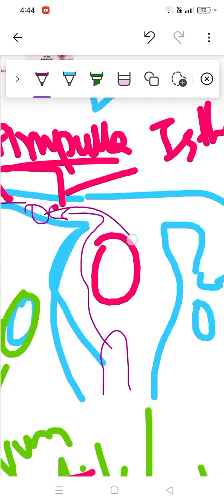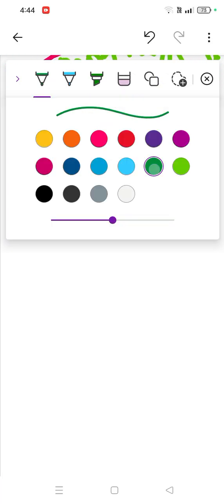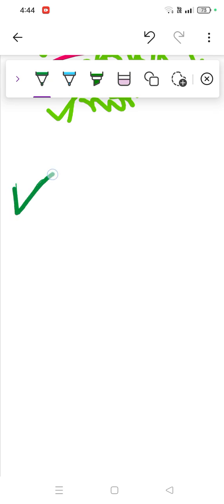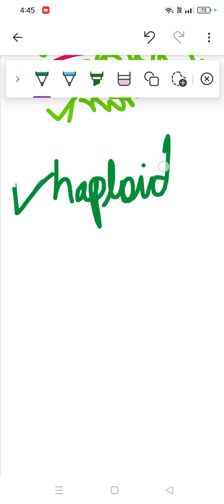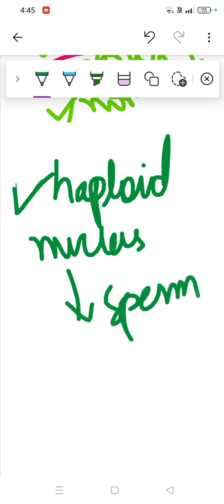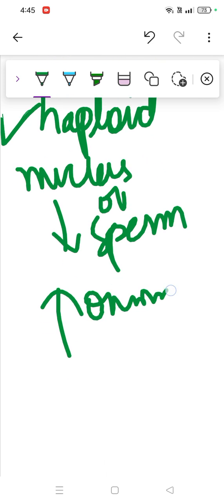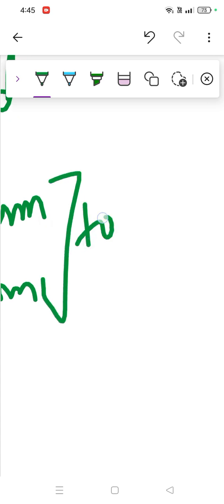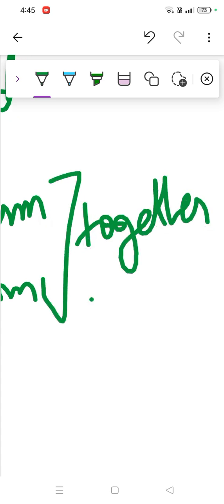Till here, the first week of fertilization gets done. If I write a definition, it would be: when the haploid nucleus of the sperm, as we know sperm is ejected into the female body, gets fused to the ovum nucleus, these both together result in the zygote.